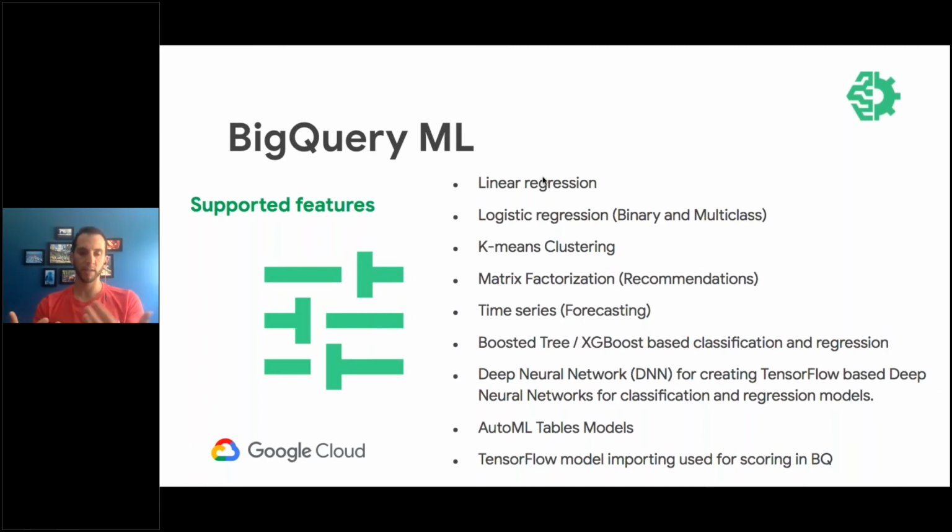Because the compute and the data live together, it's able to execute much more efficiently, and that's where you get the speed from, in model training and also in model deployment. So if you have to take that model and create a score of recommendations against billions of records, it's going to be very efficient because it's all right there in BigQuery. No need to move data around to different environments for model scoring, training, or deployment.